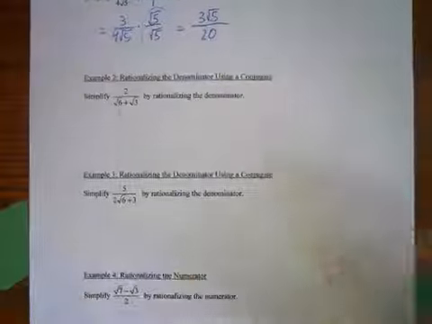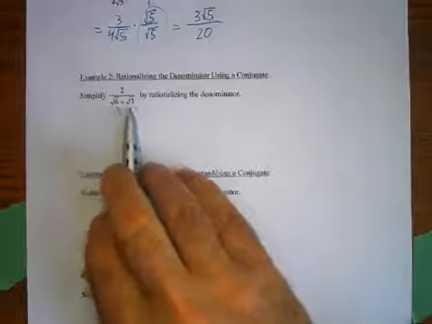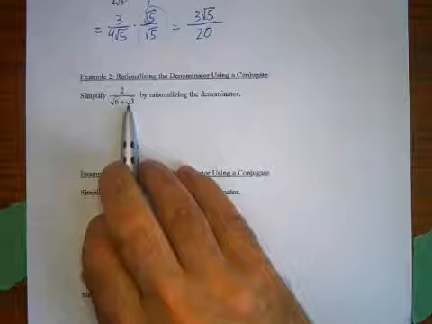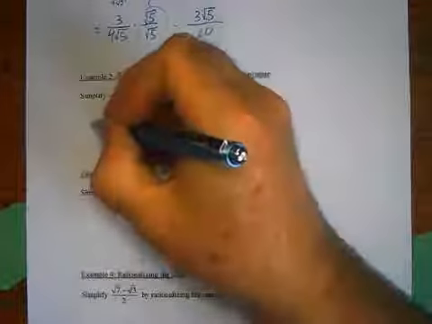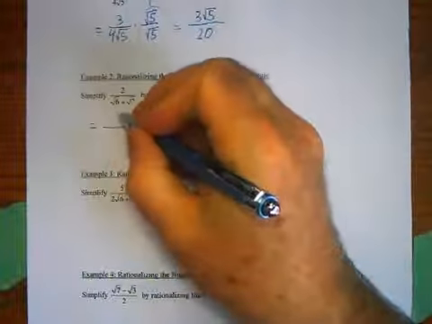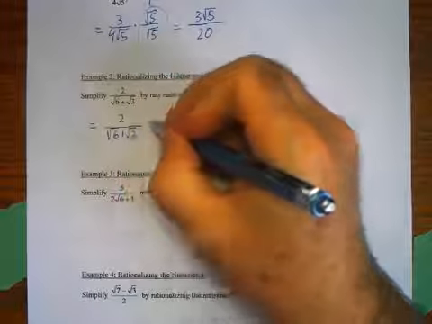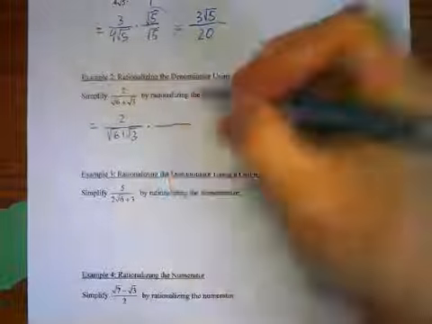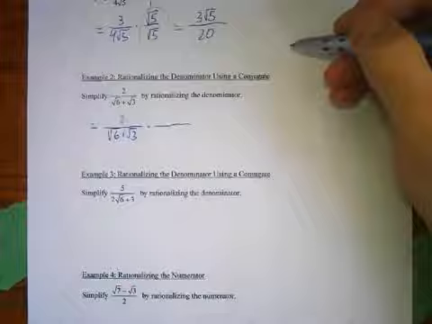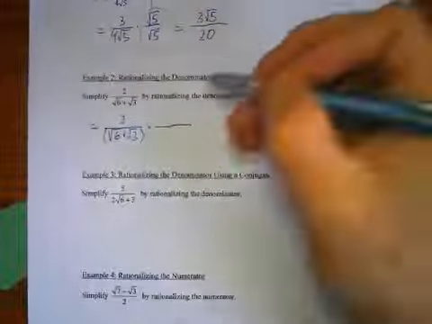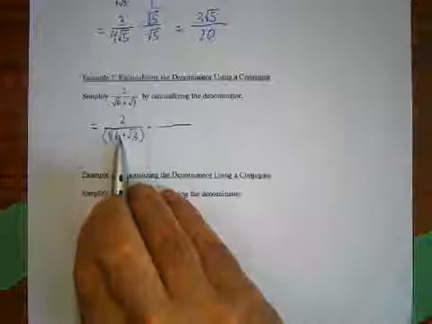Now, what happens when you have a denominator that has 2 terms, in other words, a binomial? So we start off with the original. Again, we're going to multiply by something that's going to get rid of this. If you remember from grade 11, if I just put brackets around there for the sake of it, we multiply by the conjugate.